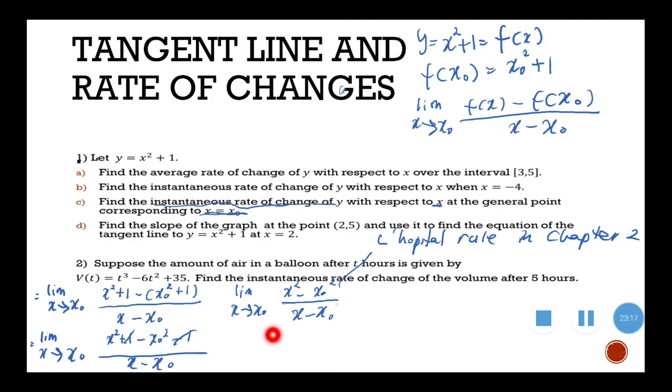So when it is 0 over 0, we can use the L'Hopital rule. In L'Hopital rule, we must differentiate.